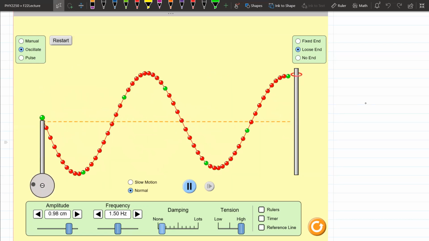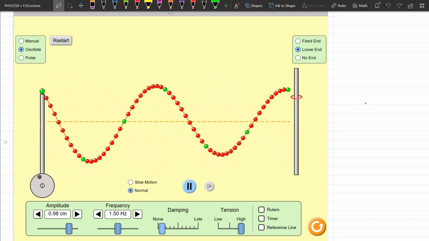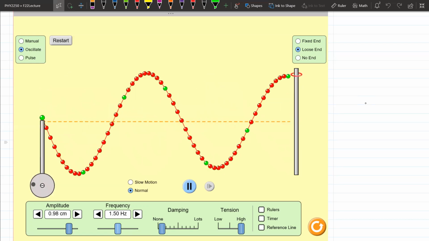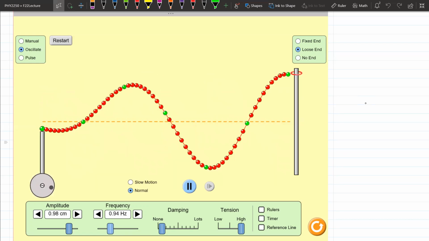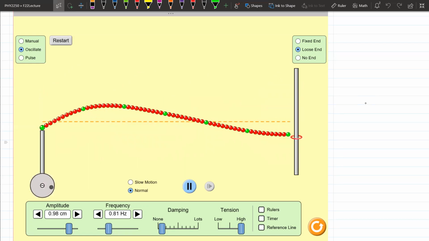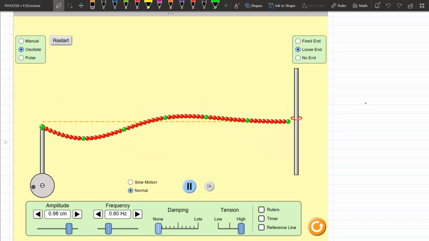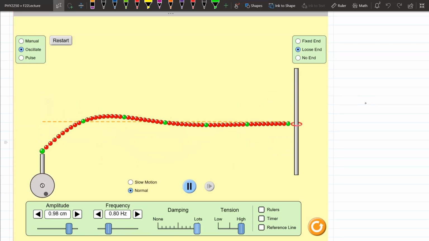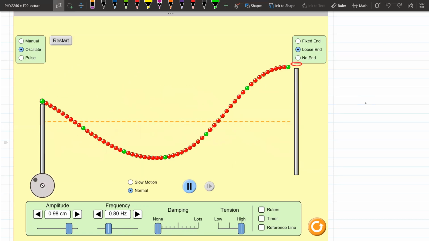So what I'm going to do is set the frequency to 0.8 hertz instead, and see if we see something special about this particular frequency. I'm going to increase the dampening to get rid of the wiggling at first.